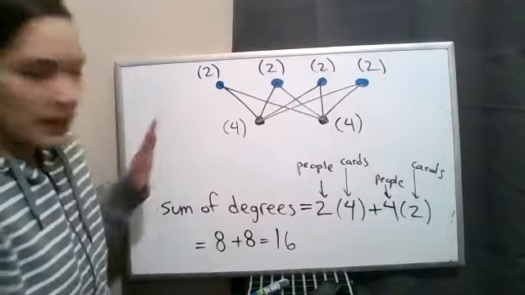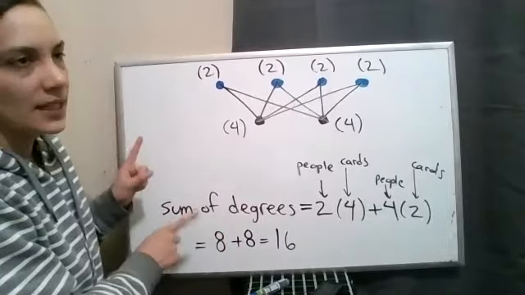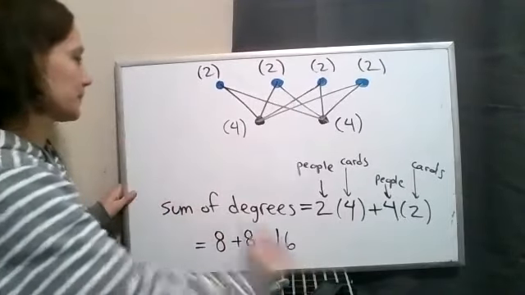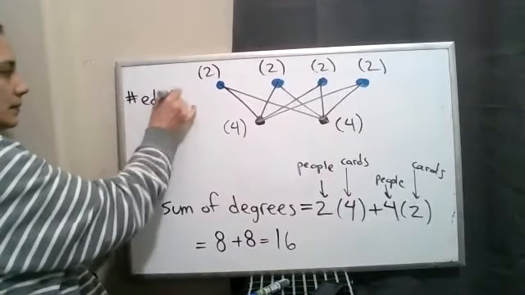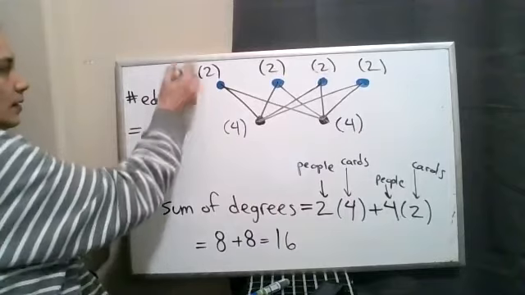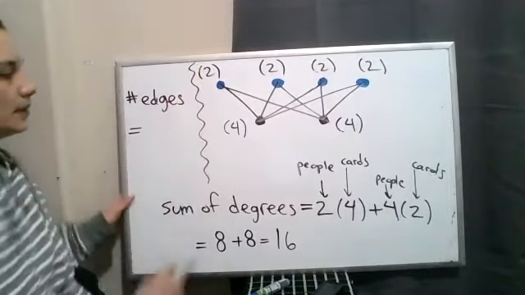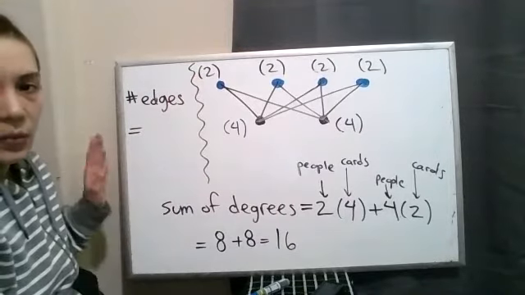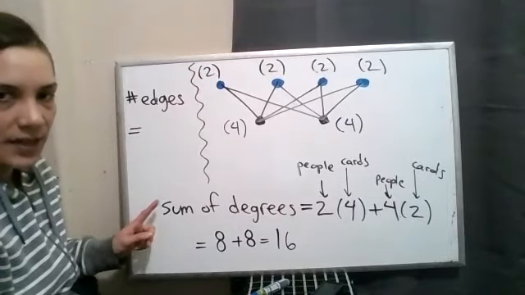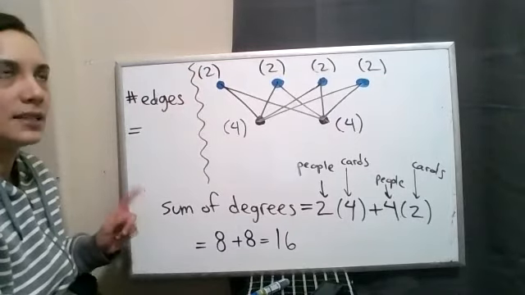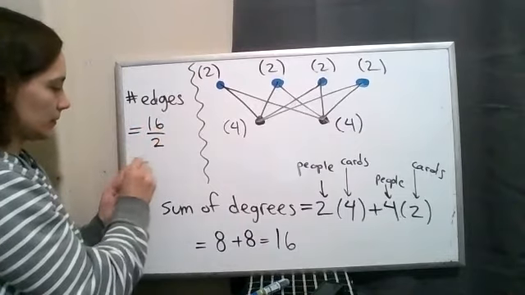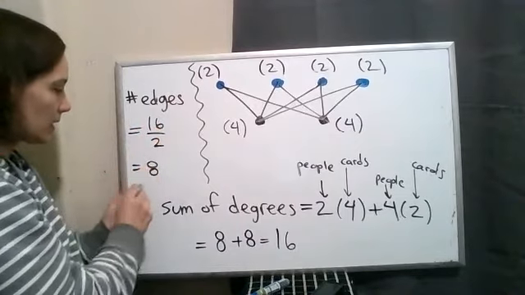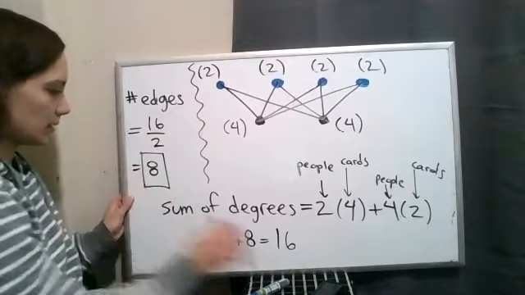Okay, everything's all pieced together correctly, but we need to get the number of edges. It's kind of messy. We want to take 16 divided by 2 and get 8. Eight new cards.